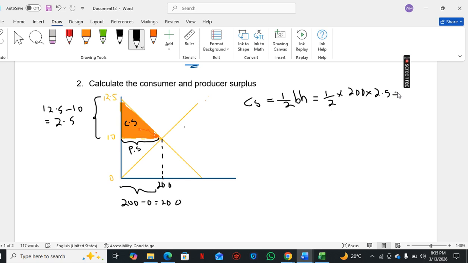It's 250. Yeah, 250. Okay, so 250 kwacha. It's in monetary terms. Okay, 250 kwacha. Any questions?